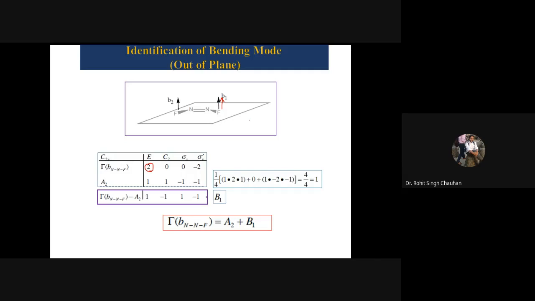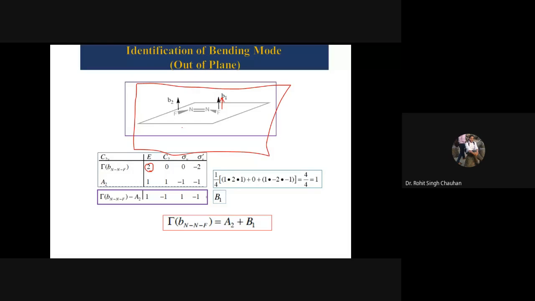See, I will tell you why minus 2. See, what is sigma V bar? Sigma V bar is basically a plane which contains the whole molecule. Okay, if you are taking the whole molecule here, you are putting a mirror below this molecule. What would happen? This B1 which is projecting upward, this B2 upward. If you put the mirror, what would happen?